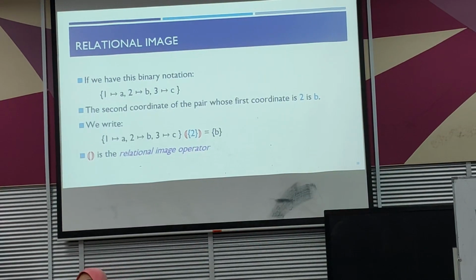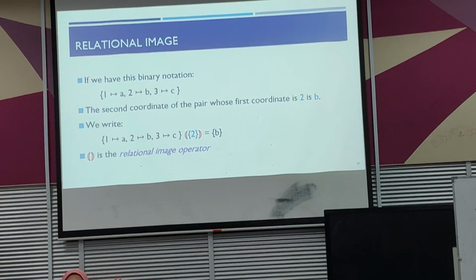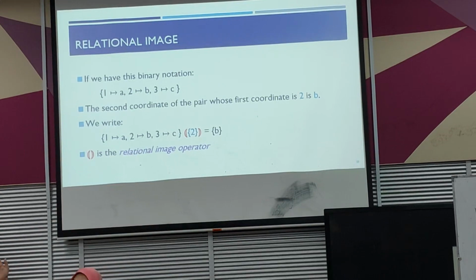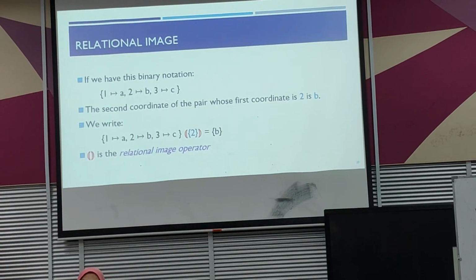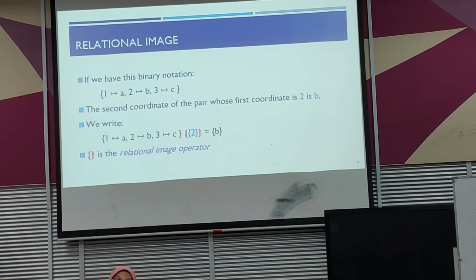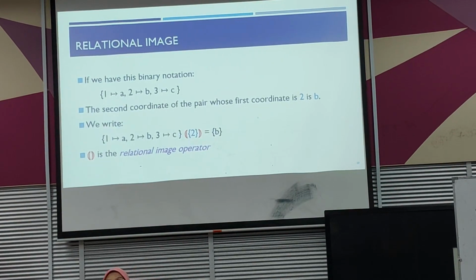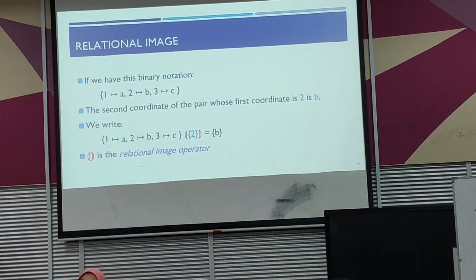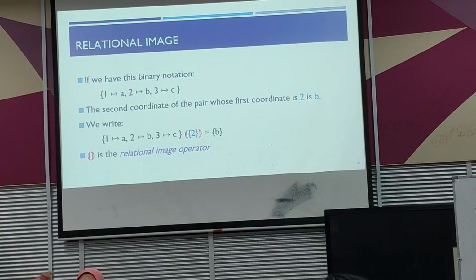You give range data only. Compared to the domain restriction just now, you have both domain and range. Here, when you go for relational image, you search the domain, your result is range data only. But the way to write is similar to range restriction, meaning on the right side. Domain restriction on the left side. Relational image on the right side. But the concept is similar.